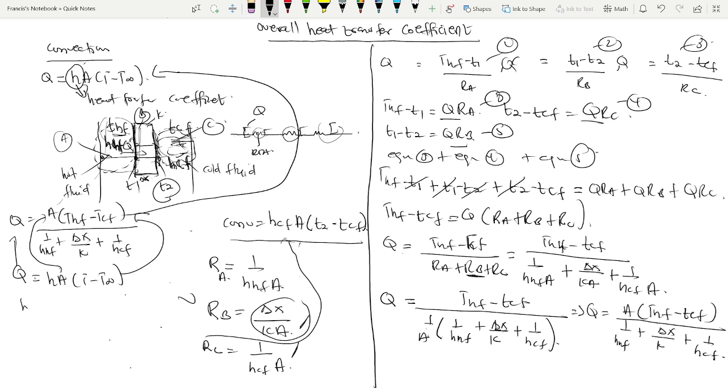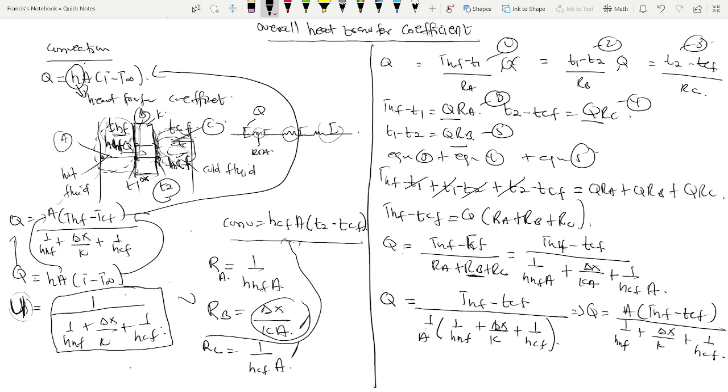So now our H here becomes 1 all over 1 over HHF plus change in X over K plus 1 over HCF. Now this H is what we are going to call the overall heat transfer coefficient, U. Now this becomes our equation for the overall heat transfer coefficient.